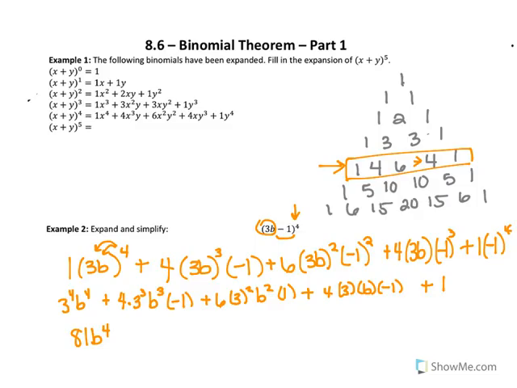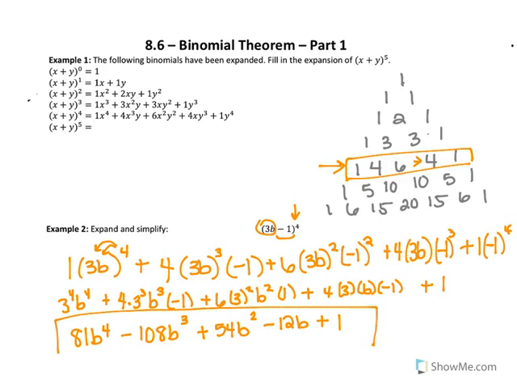If I type in 4 times 3 cubed times negative 1, I'll get 108, that is negative 108b to the power of 3. 6 times 3 squared times 1 is 54, so we have 54b squared. 4 times 3 times negative 1 is negative 12b, and then we have plus 1. So this is my simplified expanded term.